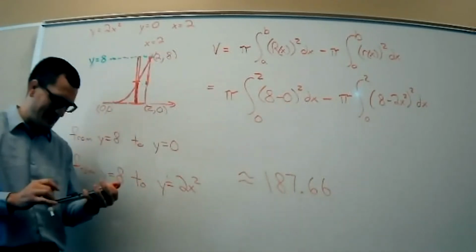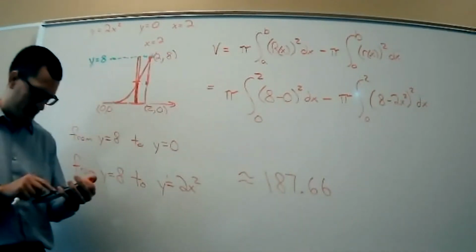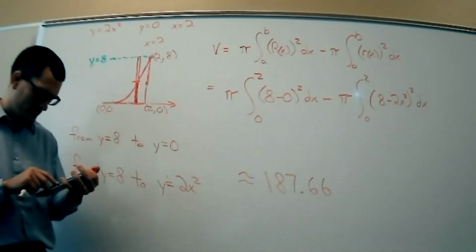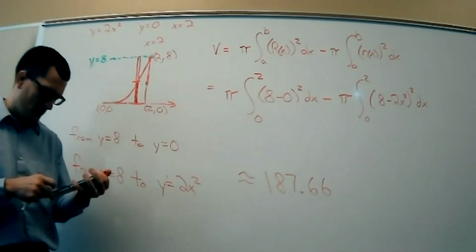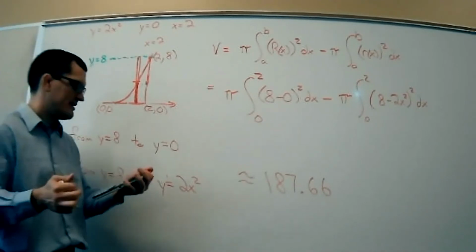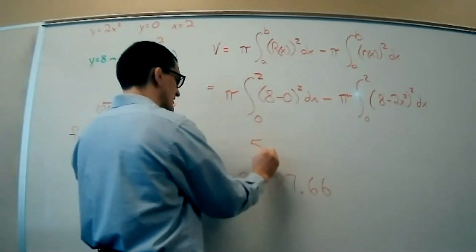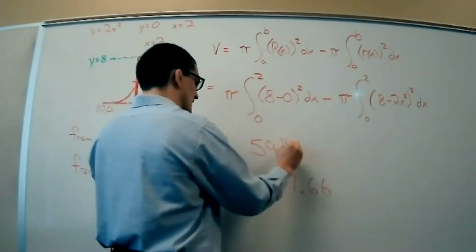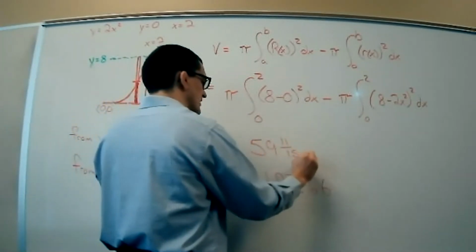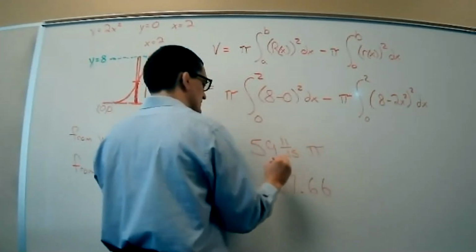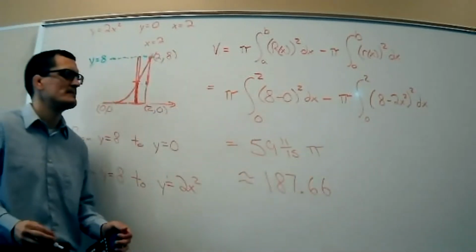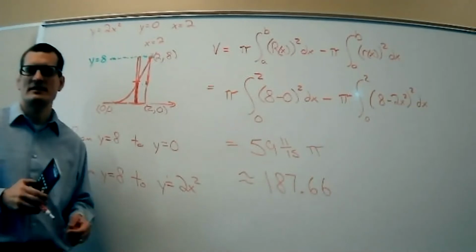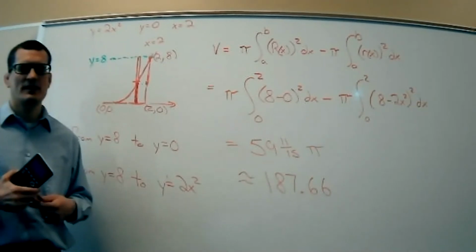As an exact answer, we go divide by pi. That's 59 and 11/15 times pi. All right. So that's an interesting number there.